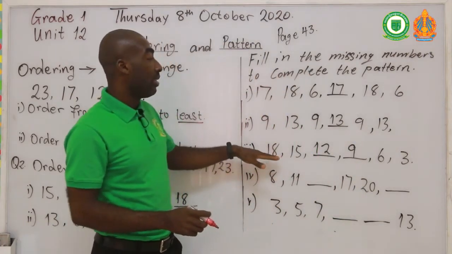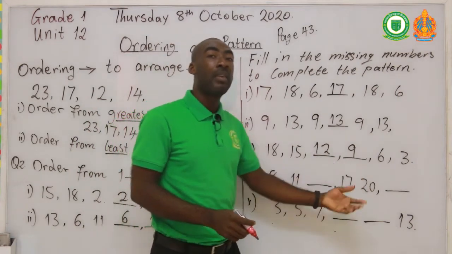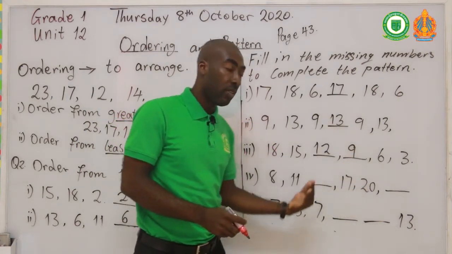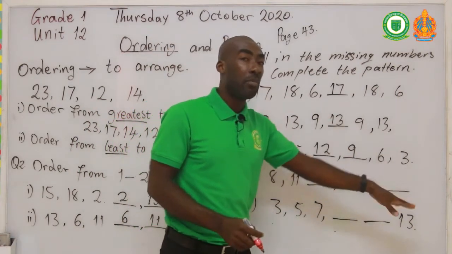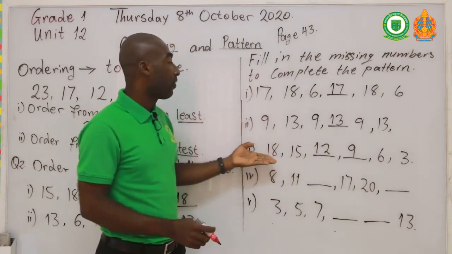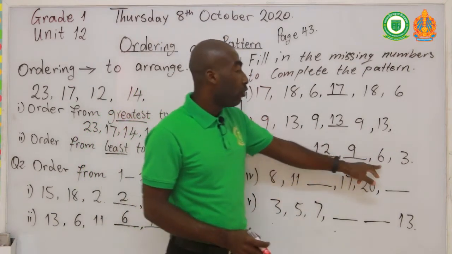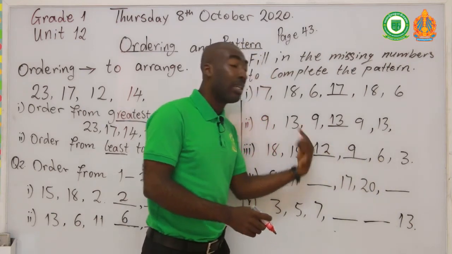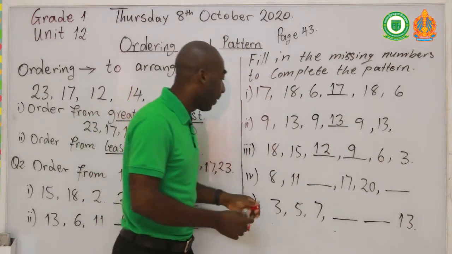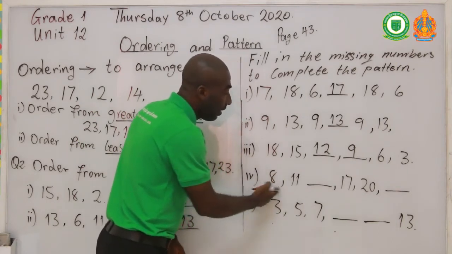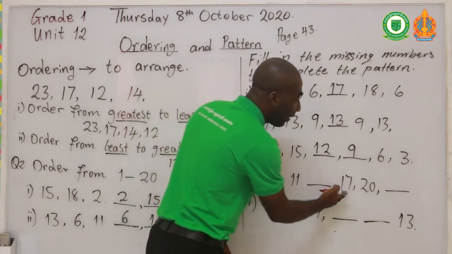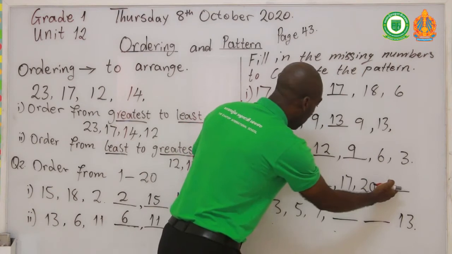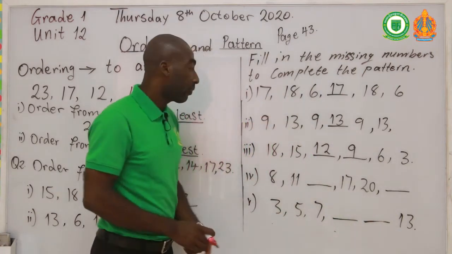So sometimes you need to add your difference, sometimes you need to subtract the difference so that you can get the numbers. If you are confused from subtracting from here, you use this difference, and that means you need to add, and then you can get your answers correct, okay? We have 8, 11, space, 17, 20, space.